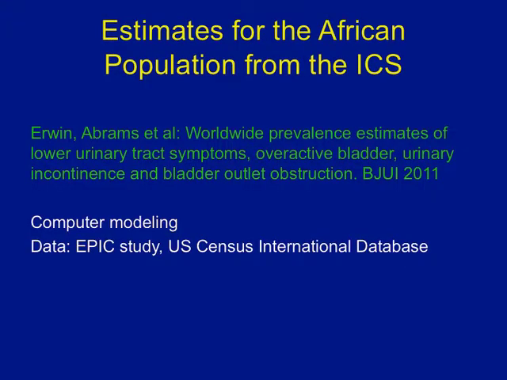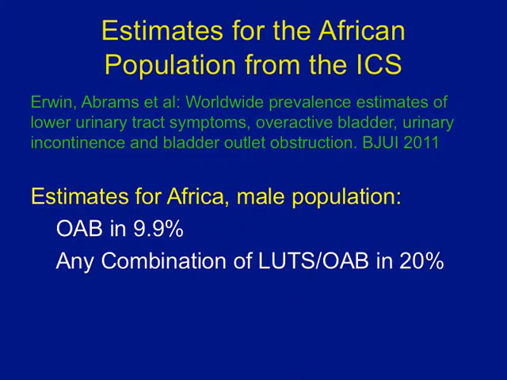There are some estimates available for the frequency of lower urinary tract symptoms. The biggest study was reported in 2011 by Irwin and Abrams. They did computer modeling, took different data sets, and extrapolated from those to figure out what the various frequencies would be.